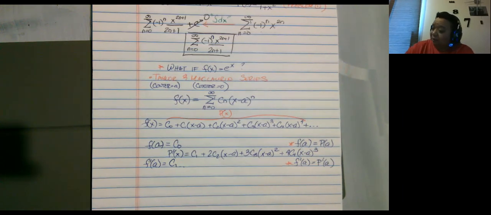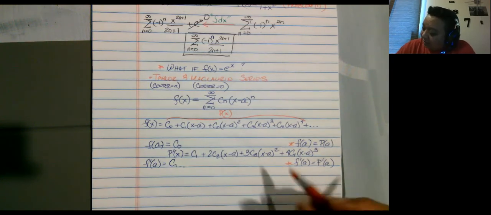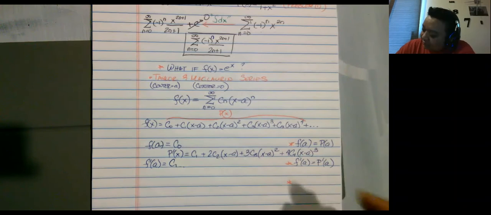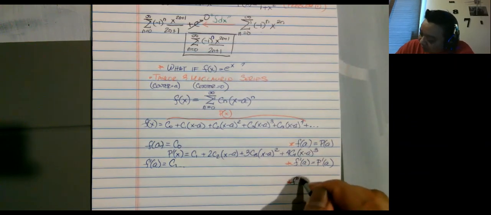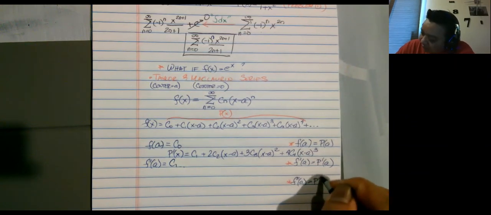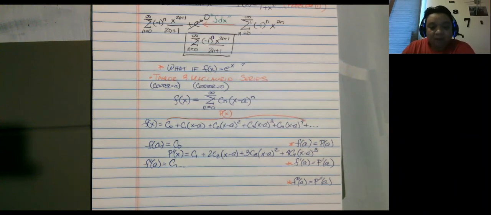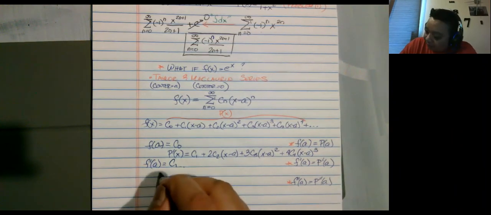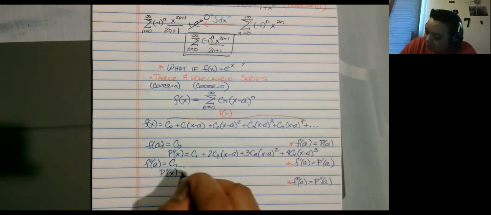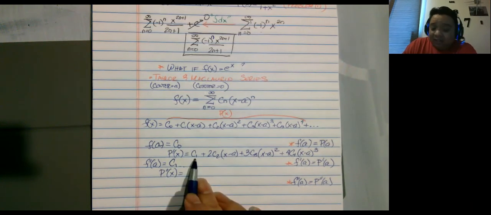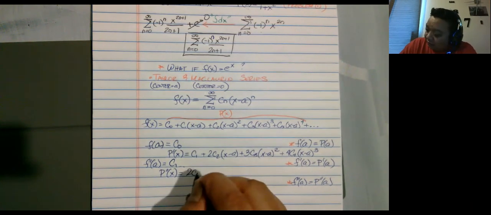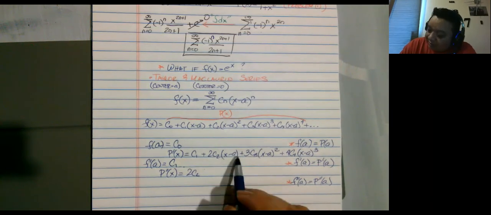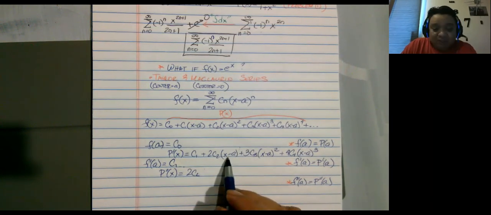And so you keep doing it. The next condition is I want the second derivative to be equal, so f double prime of a equals p double prime of a. So p double prime: c1 is constant, so this is 2c2, and then you just have a 1 power, so that's just 2c2.